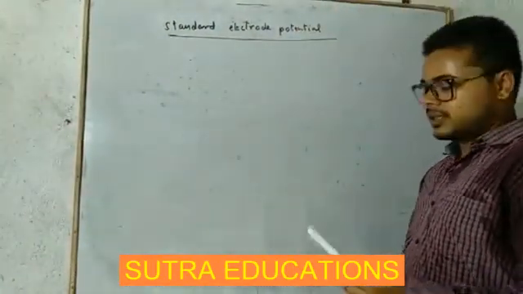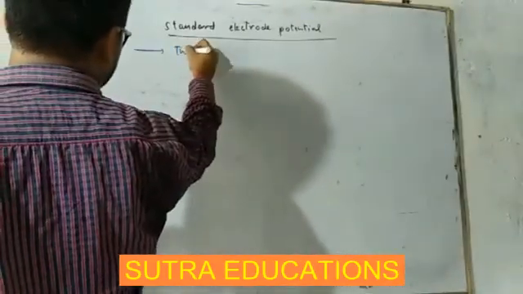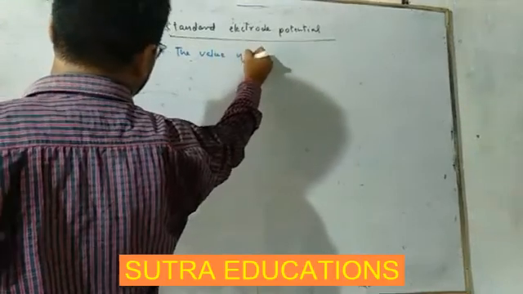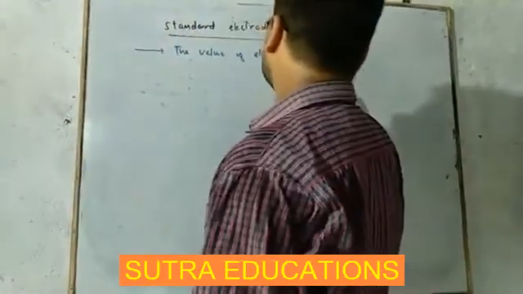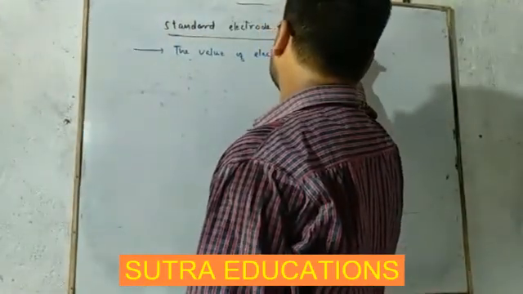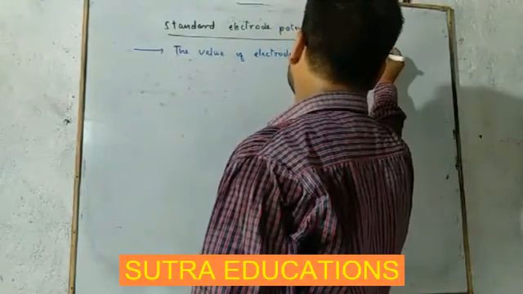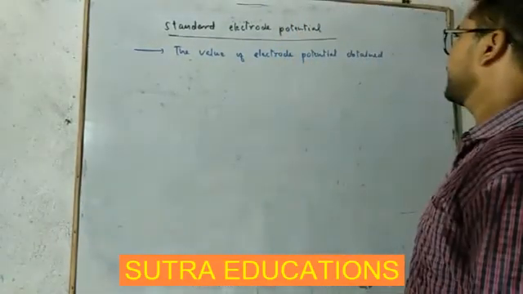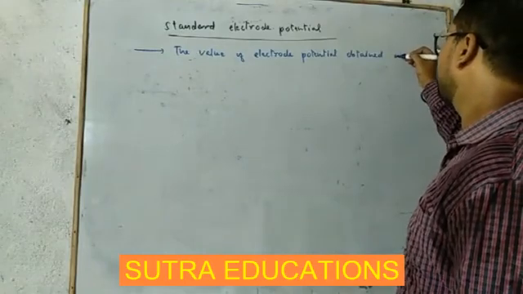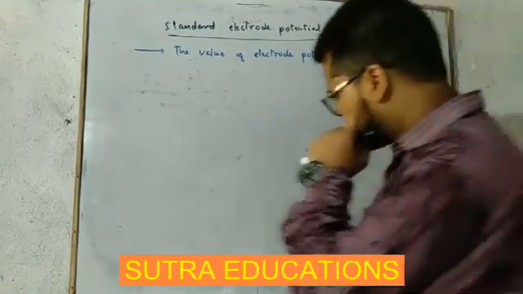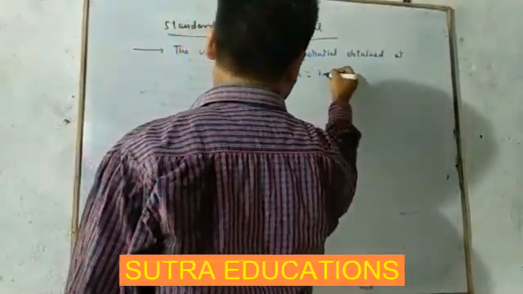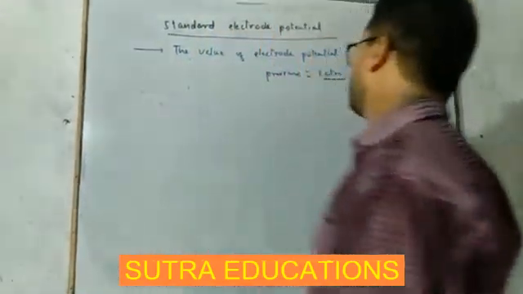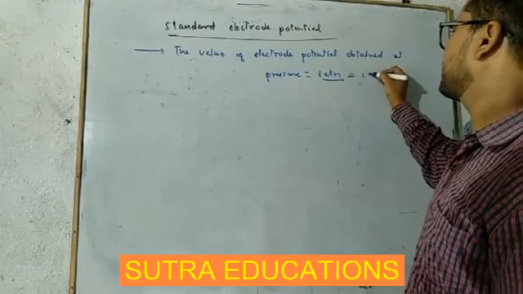Simply, it is the value of electrode potential obtained at pressure equal to 1 atmospheric pressure, 1 atm, or we will say 1 bar.